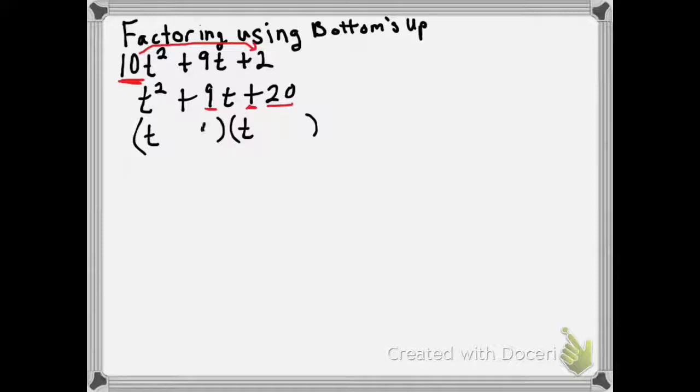Two numbers that will do that are 6 and 3. Because this last sign is addition, our signs need to be the same in our binomials, and this sign goes to the biggest number. So both of the signs are going to be positive. And that's all we can do.